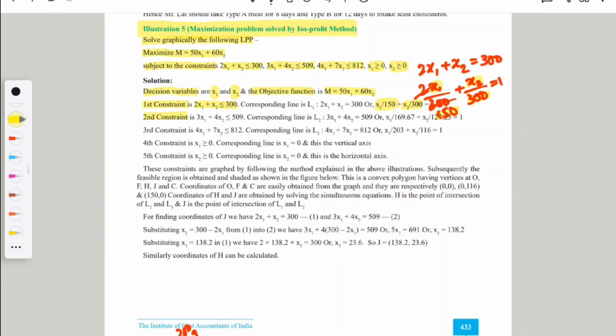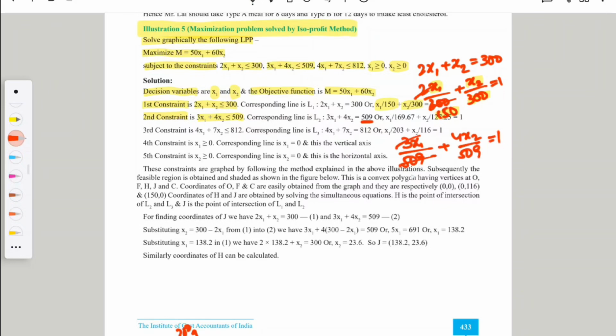For the second constraint, which was 3x1 plus 4x2 is less than or equal to 509, if we send this 509 to the left hand side, it would become 3x1 divided by 509 plus 4x2 divided by 509 is equal to 1.